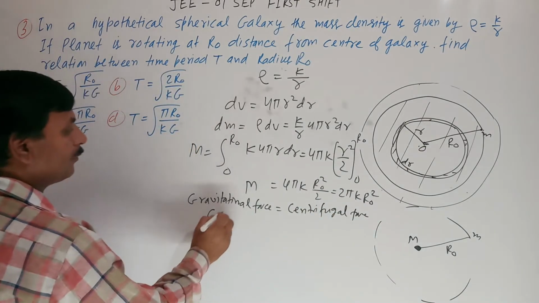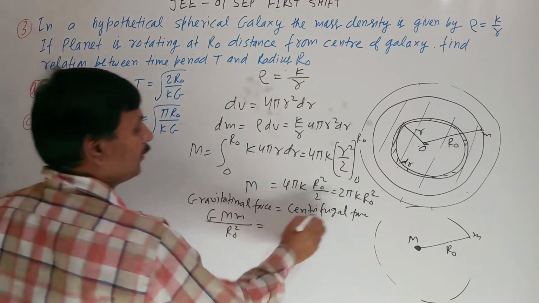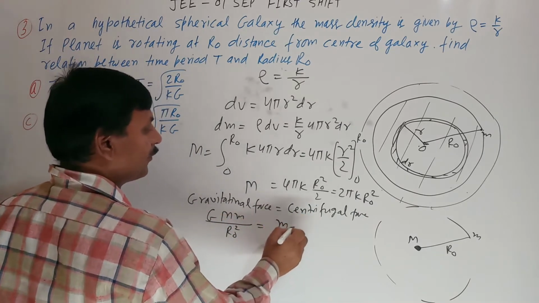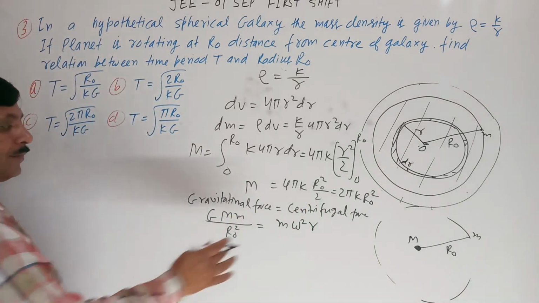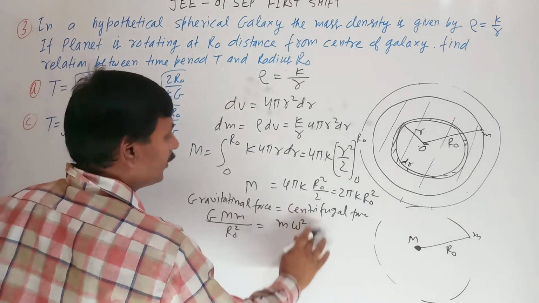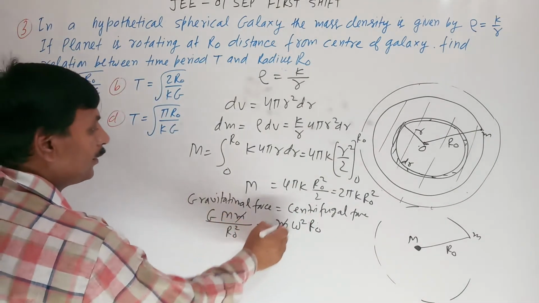The gravitational force means G M m upon r0 square is equal to the centrifugal force m omega square r. Radius is r0. To simplify this, m and m cancel out.